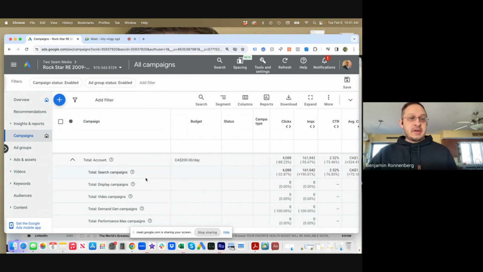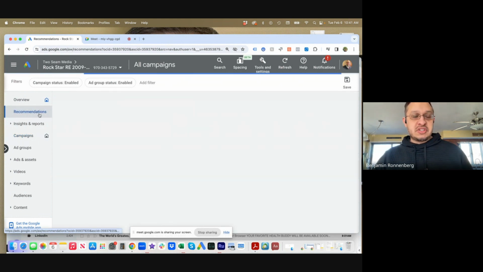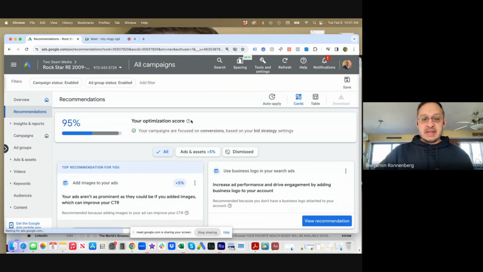One more thing I want to leave you guys with is Google sort of gives you suggested things to improve your campaigns, and you can find those suggested changes. They call them recommendations. Just go to this recommendations tab at any given time. You can look at this score, your optimization score.